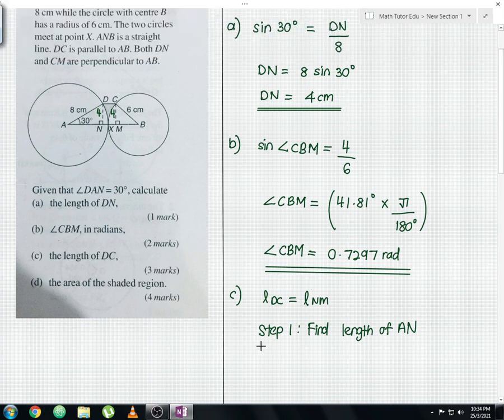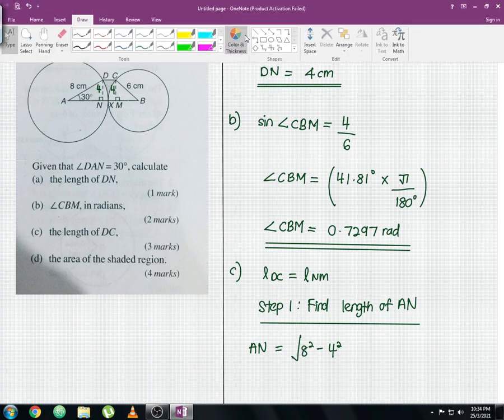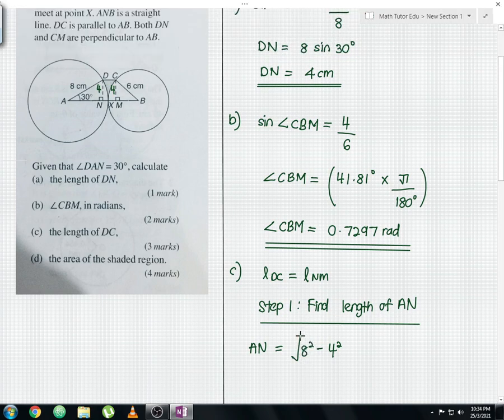So it is possible for us to calculate using the Pythagoras theorem. To calculate the length of AN, it will be equal to 8 square minus 4 square, and then you square root it. Guys, you calculate the length of AN.